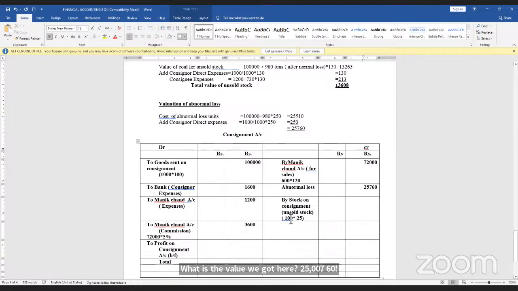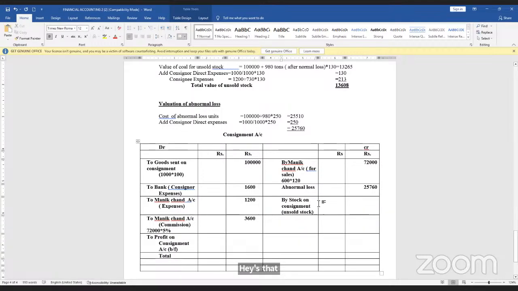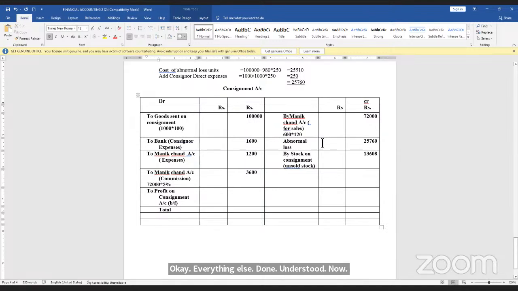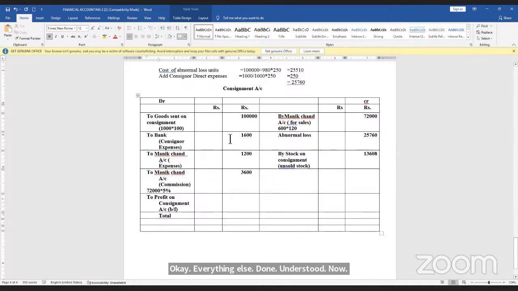Stock on consignment, value of unsold stock, which we did already. What is the unsold stock value? 13,608. Okay, everything else done? Understood now? Please respond. Okay, so we got it.